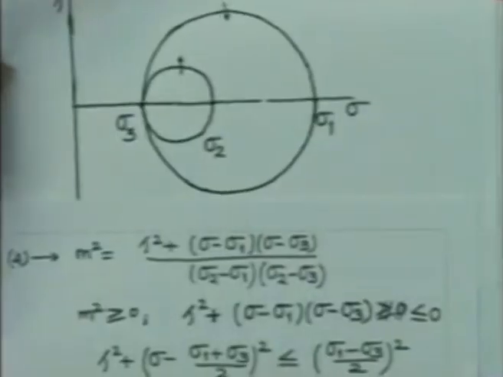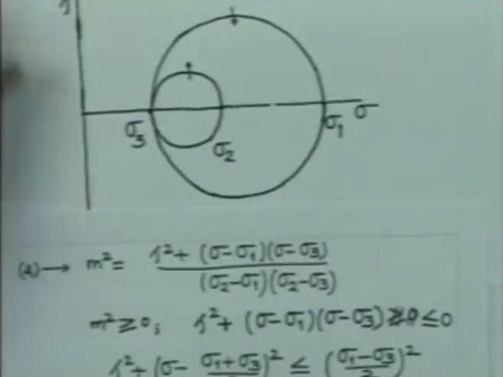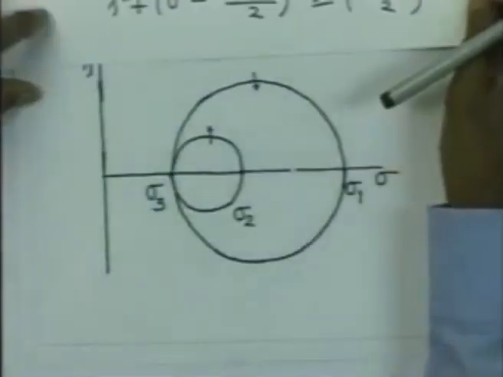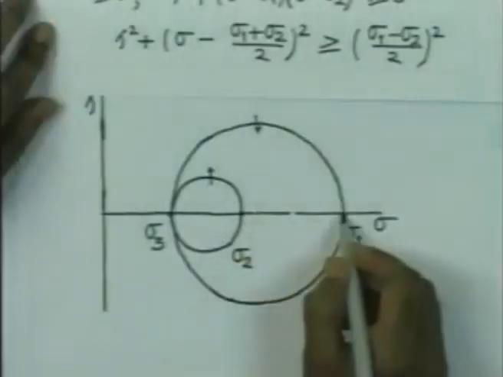So, therefore, if we again consider now our circle again. So, sigma 1 is here, sigma 2 is here.